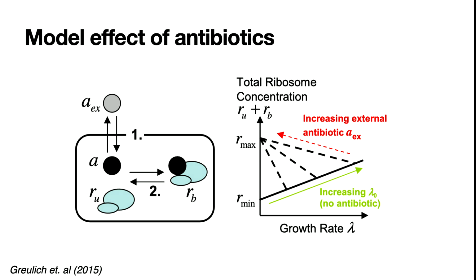I remove the star also. Then we have the second equation, which is R, which is Ru plus Rb plus R naught.